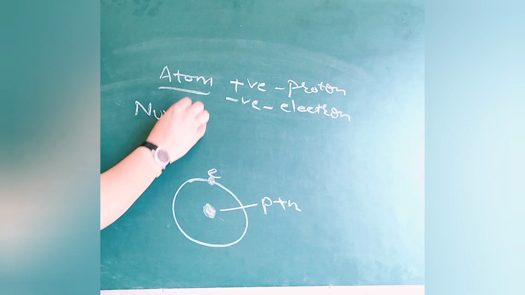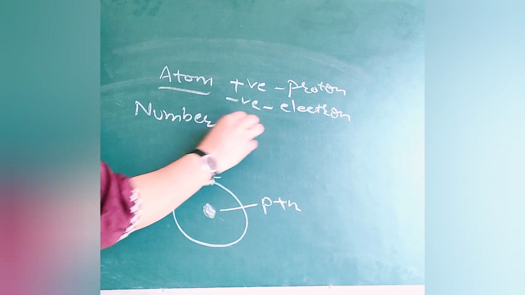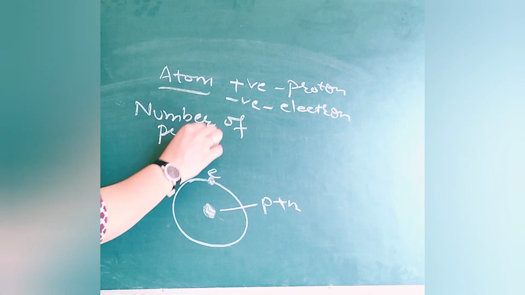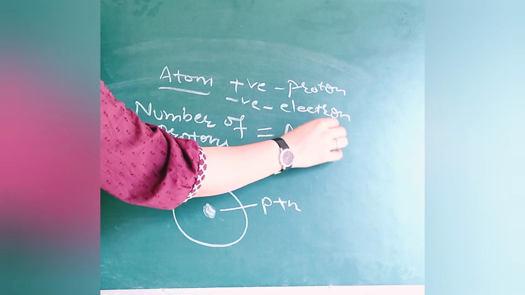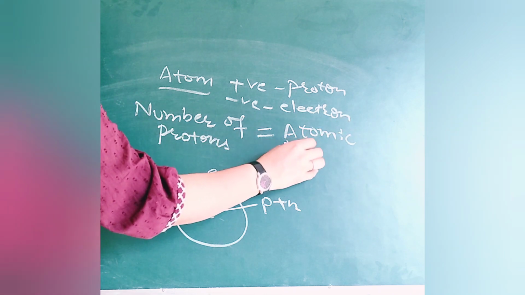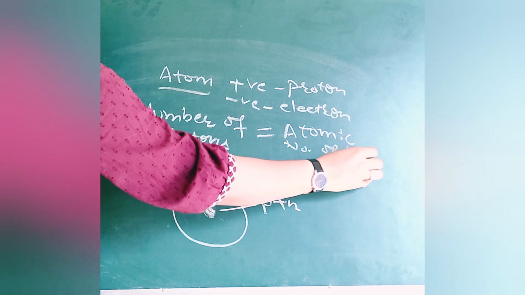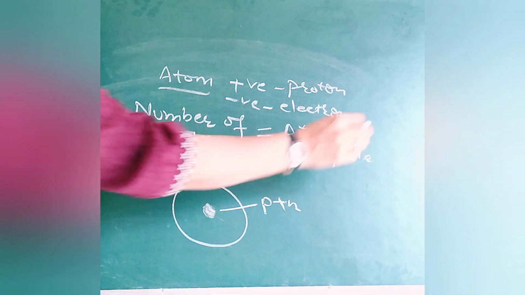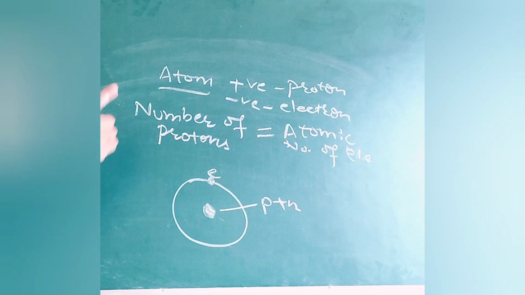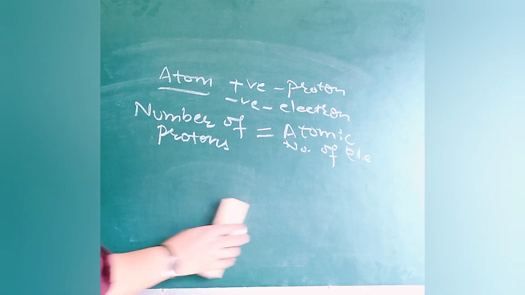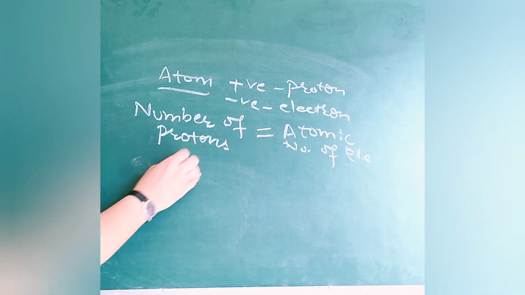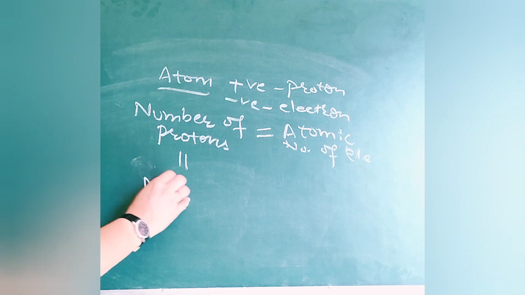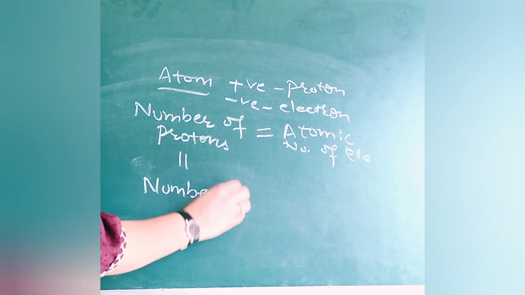Number of protons present in nucleus is equal to atomic number of element. Any element. And number of protons, they are also equal to number of electrons.